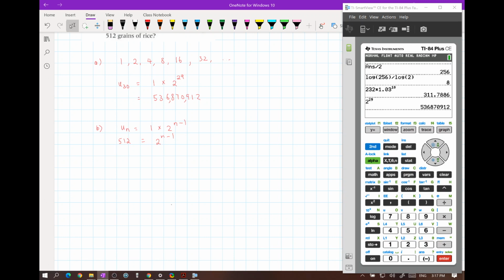But now, you know the tricky little thing: we can just do log 512 divided by log 2 to immediately give us what that power is. So now if I just equate the power, I get 9 equals n minus 1. So therefore, it's going to be on the 10th square.